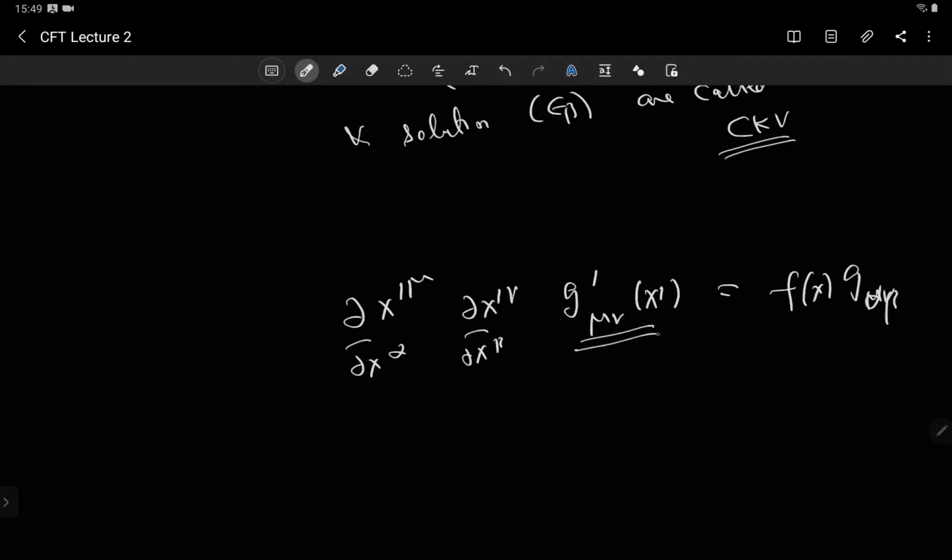If you change here also, from there you'll get derivatives of G also.